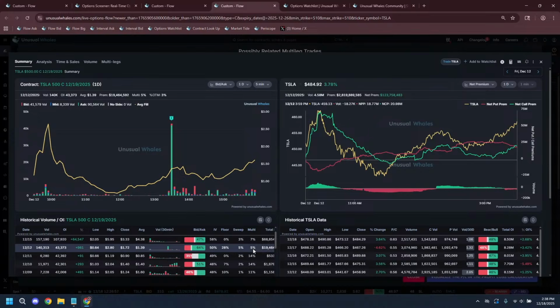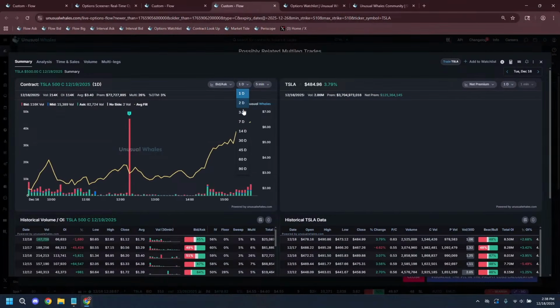The multi-leg reading of 5% reads as follows: 5% of the 140,313 volume was from a multi-leg trade. So the inverse is that 95% of the volume was single-legged. So this candle was single-legged. Large increase in open interest, as expected.